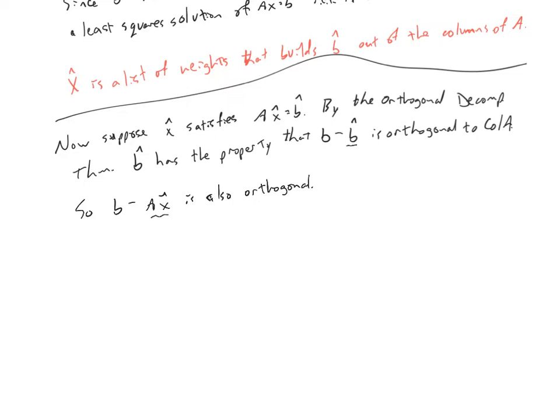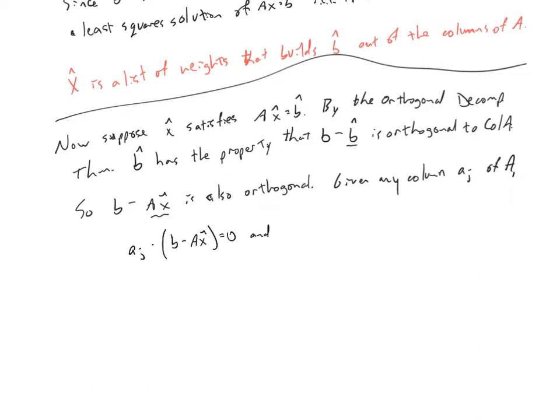So given any column A sub J, representing a column of matrix A, the columns of A are orthogonal to that B minus AX hat, so that column AJ dot B minus AX hat has to equal 0.